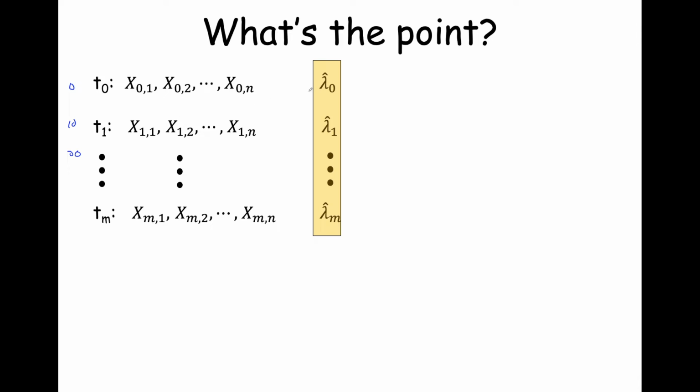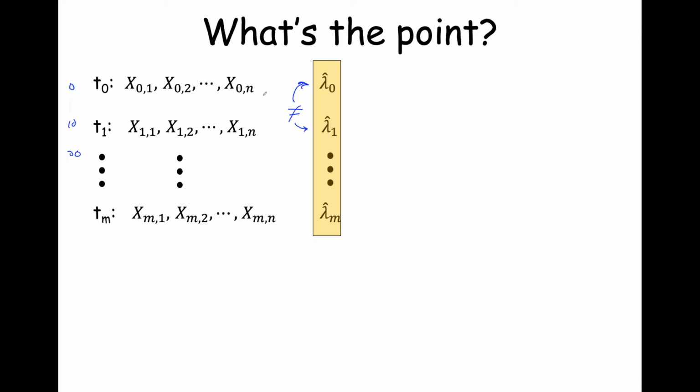So if they're different from one another, that means that the lambda hats that we calculate are going to be different from one another, not equal. And that's the case for all of the m many lambda hats that we calculate, each one of which was calculated using x bar on these n many samples.